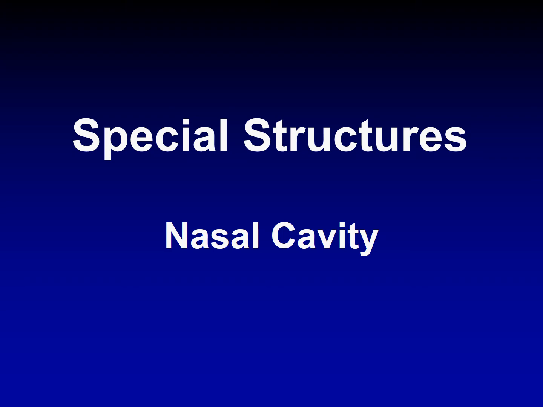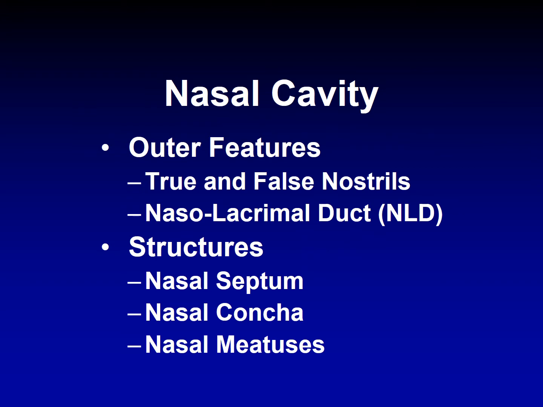And here, what I will be talking about is a number of points. So I'm going to be talking about some outer features, true and false nostrils in the nasolacrimal duct, and I'm going to talk about some structures in the nasal cavity, septum, concha, and meatuses. Let's take a look at first the external features of the nasal cavity.